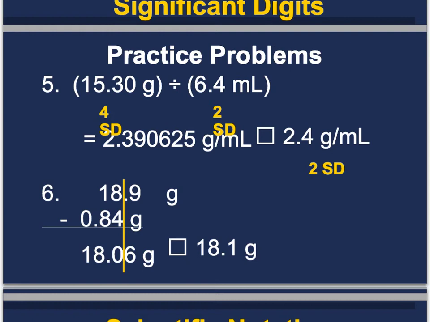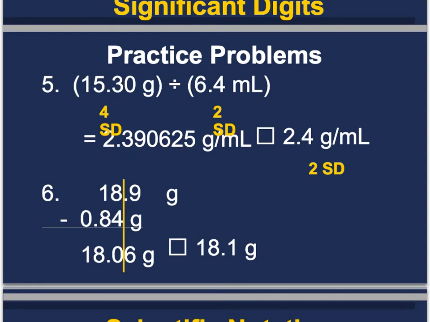Here we have a division problem, and remember the rule for division is we just look for the fewest number of sig figs to determine the answer. We've got 15.30 grams divided by 6.4 milliliters, so it looks like we're finding some density. Here we have 4 significant figures in this one and 2 significant digits in this, so our final answer must only have 2 because that's the fewest number of significant digits.